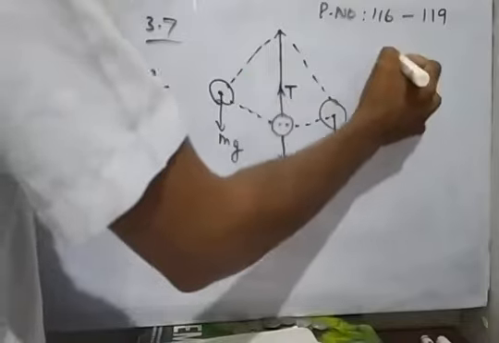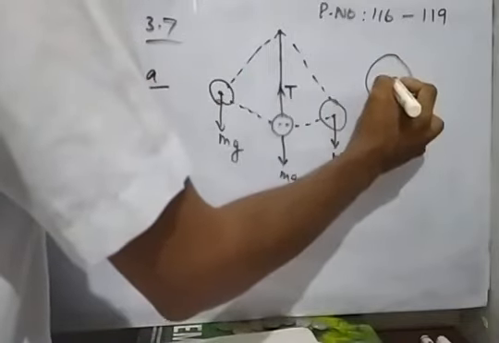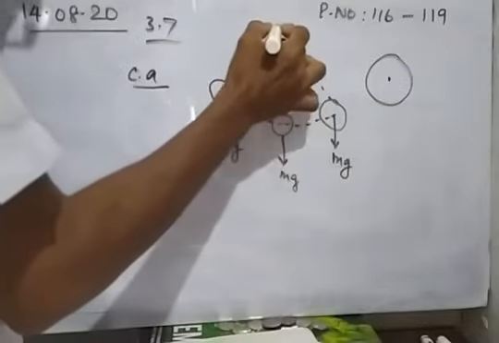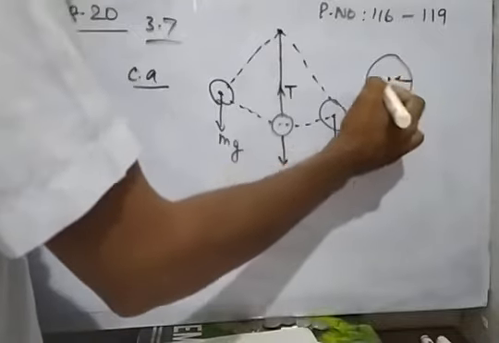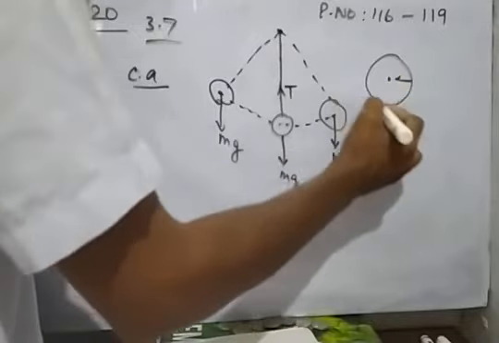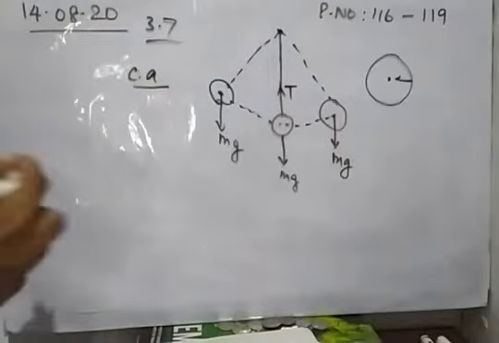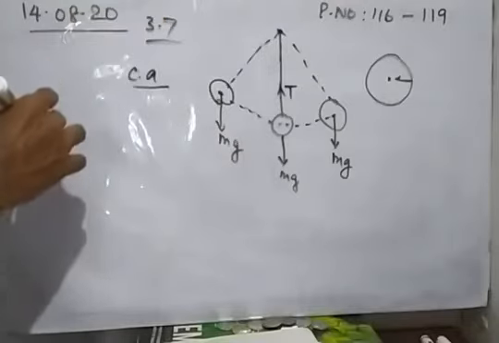Whenever an object moves in a circular path, it requires a centripetal acceleration, which always acts towards the center. Here the bob is moving in a circular arc, so the bob also experiences a centripetal acceleration.